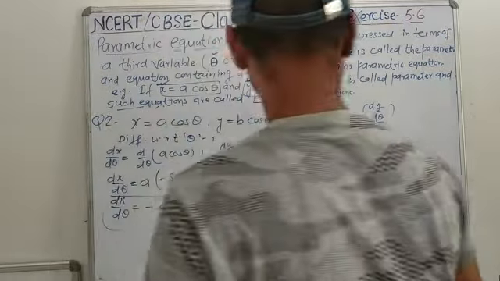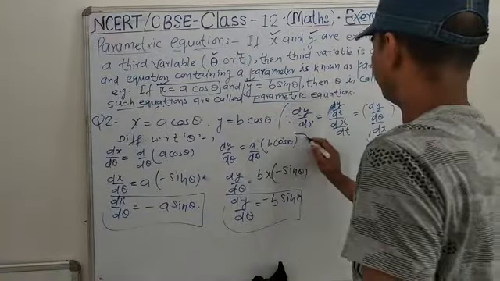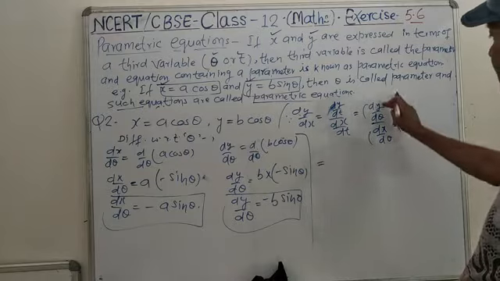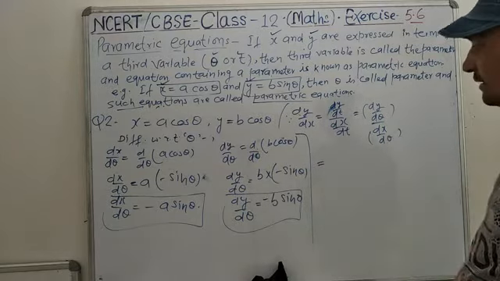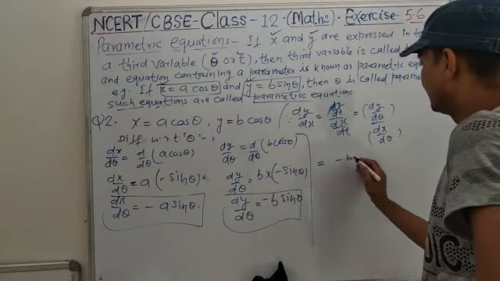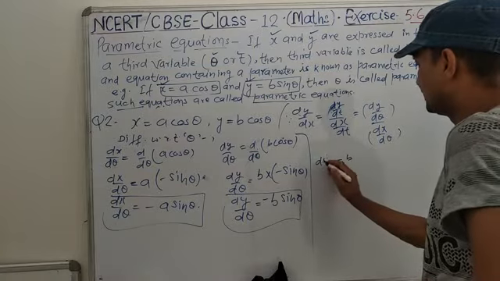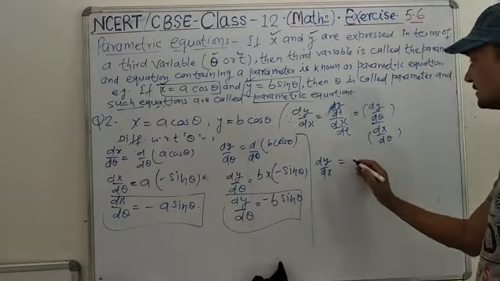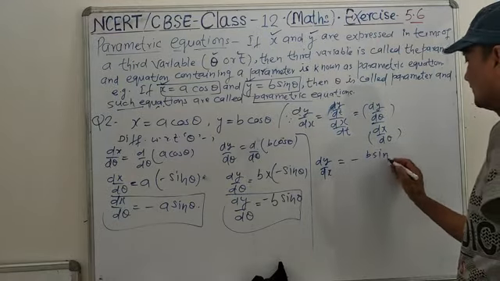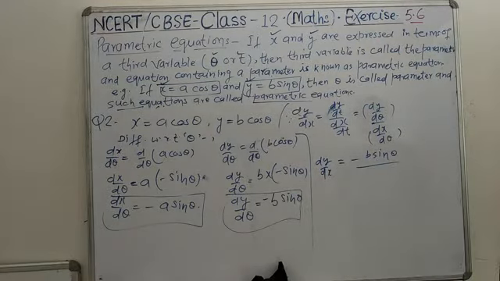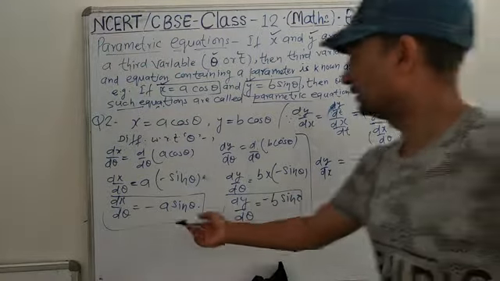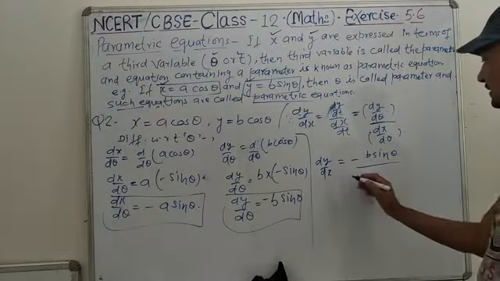Our formula is dy by dx is equal to dy by d theta by dx by d theta. dy by d theta is minus b sin theta divided by dx by d theta, already found, minus a sin theta.